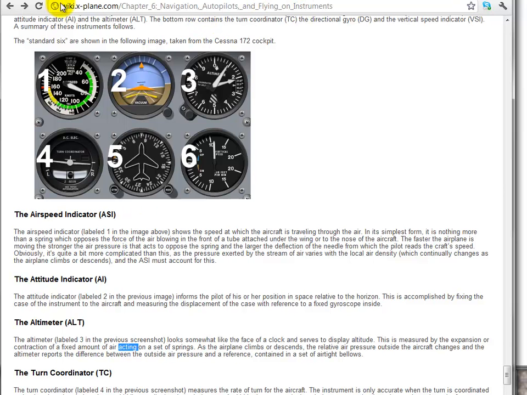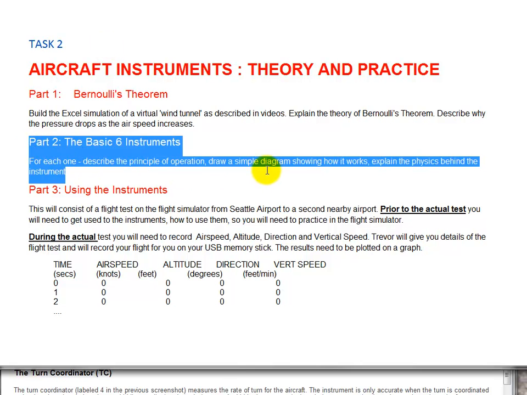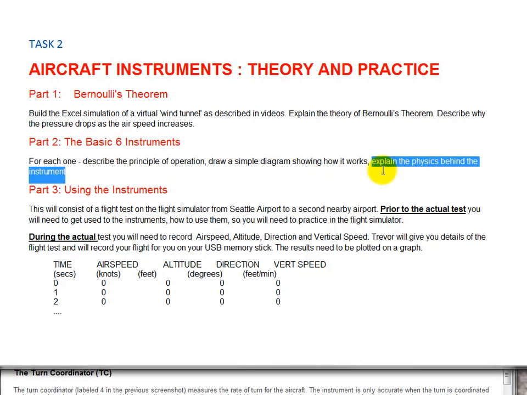So that's the second part here, and then explain the physics behind it. So we'll go on to that a bit later, but we'll have the physics behind, for example, the altimeter, so air density decreasing at altitude, etc. And maybe an equation for it.